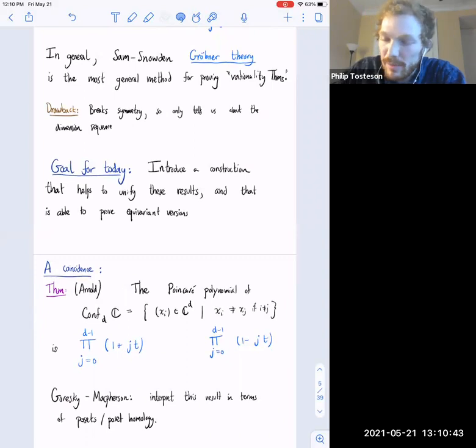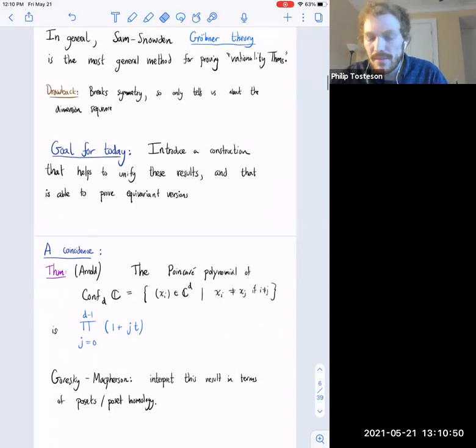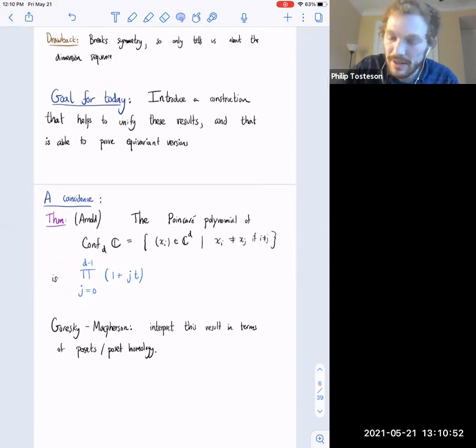So to describe why it's not a coincidence, I need to talk about posets. This was first computed by Arnold, but Bjorner, McPherson, and actually probably people before them for hyperplane arrangements, interpret this polynomial in terms of posets and poset homology.